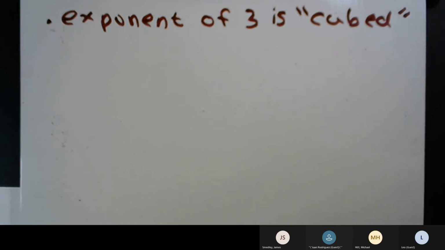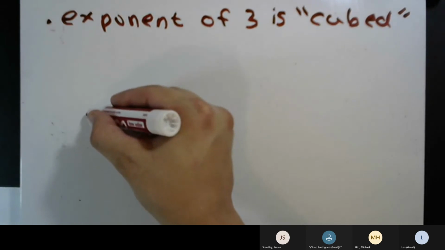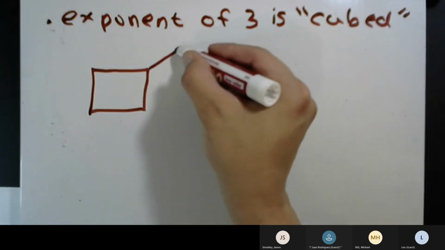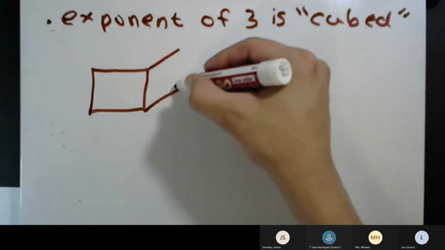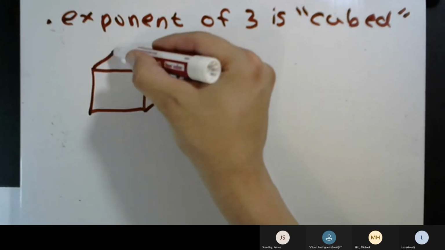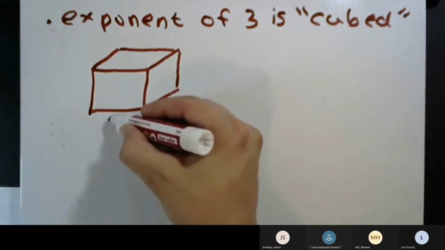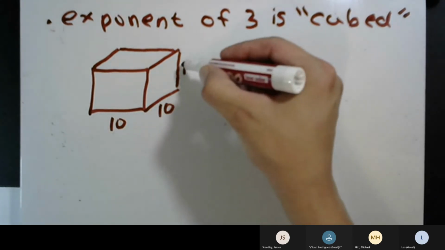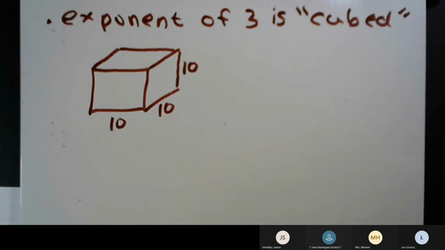So like 2 cubed means 2 with an exponent of 3. Now where this tends to come from is if you're trying to find the volume of a cube. And it has, say, a length, a width, and a height of 10 units.